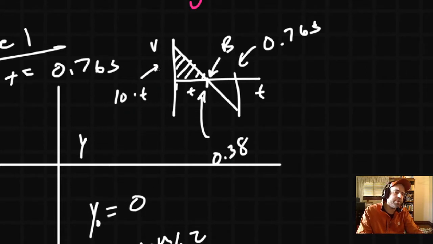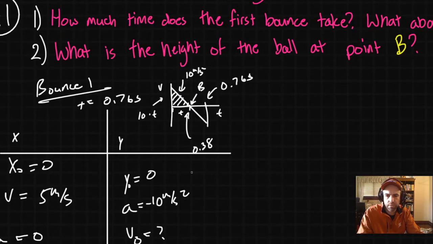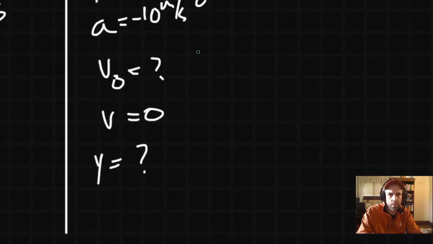So the height of this triangle must be 3.8. Remember, the slope of this line is our 10 meters per second squared acceleration. This must be 10 times taller than it is wide. So if it's 0.38 wide, it must be 3.8 meters per second tall.